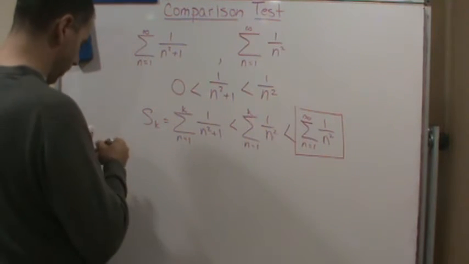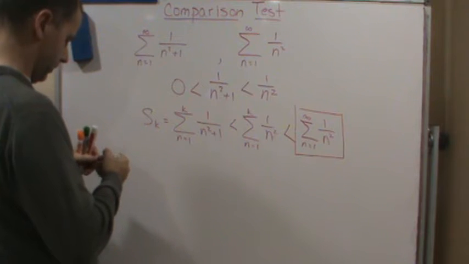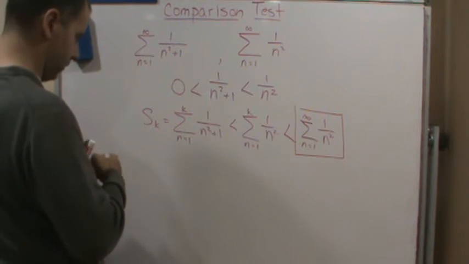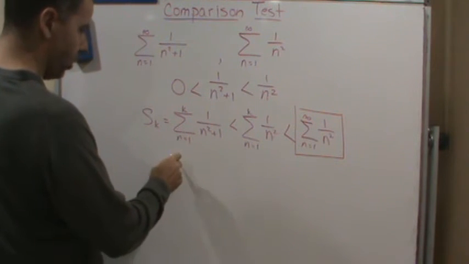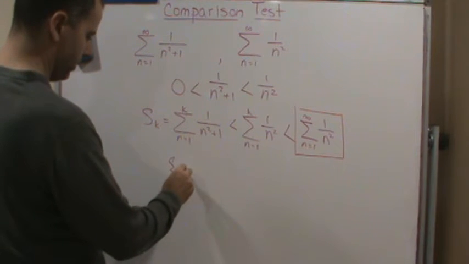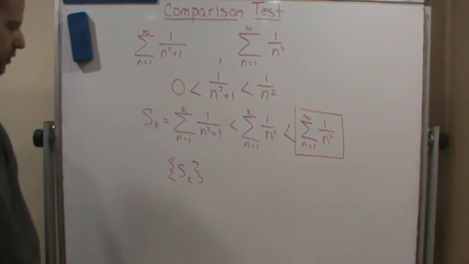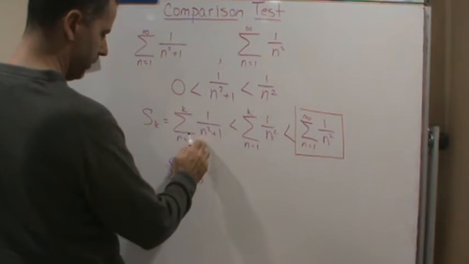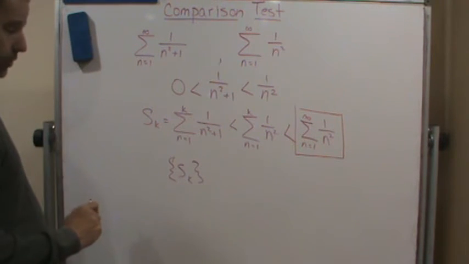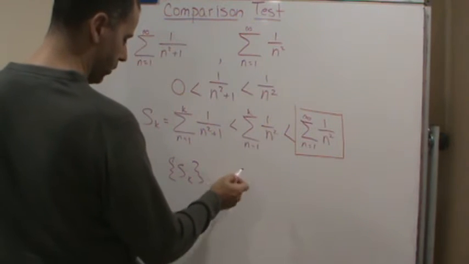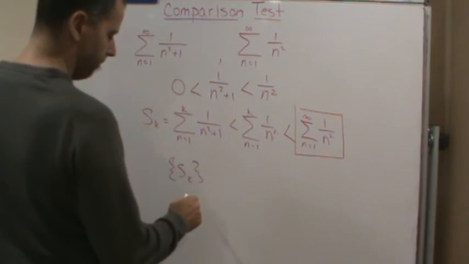So what do we know? We know that the sequence of partial sums for this series converges. Why?